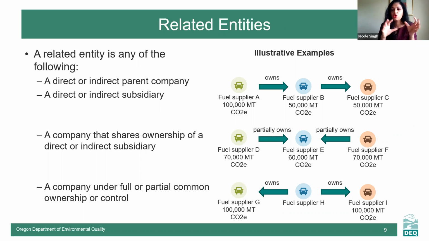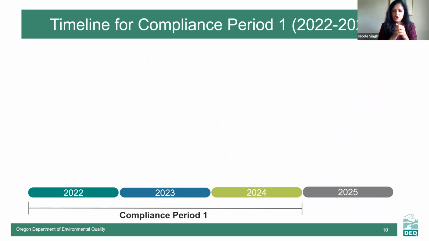To be clear, we group everyone to figure out if they're above the threshold, but each individual is going to be a covered fuel supplier, and each individual covered fuel supplier will have compliance obligations under the program. So I'm going to turn things over to Rachel.